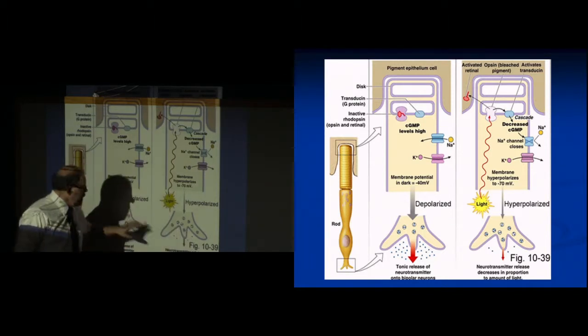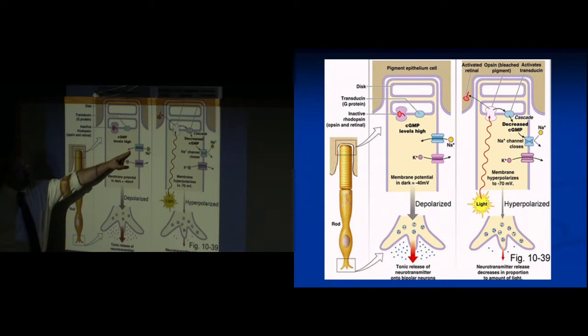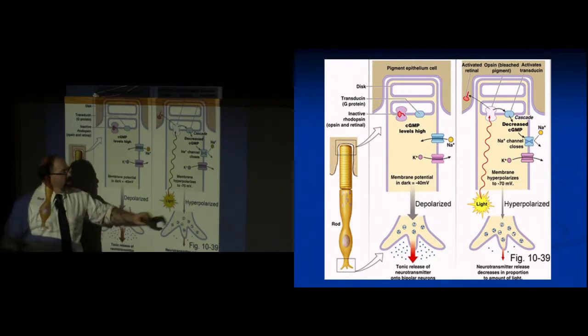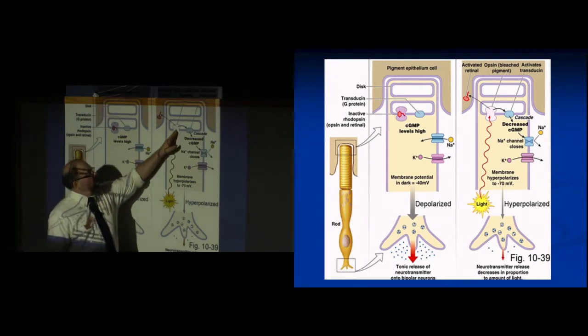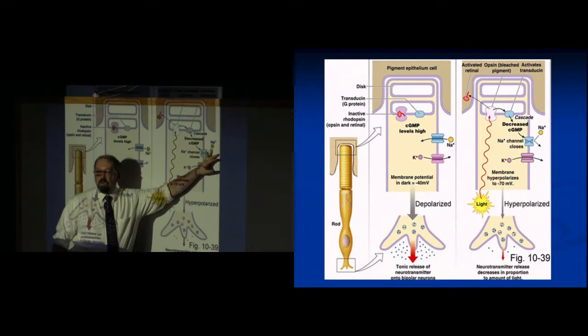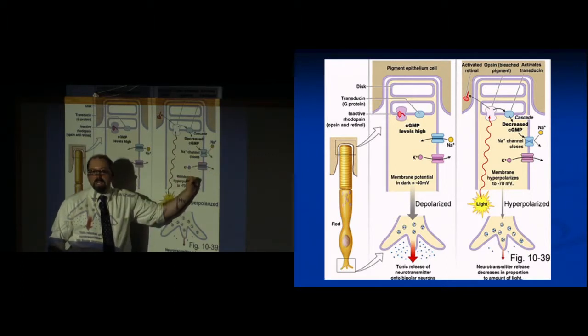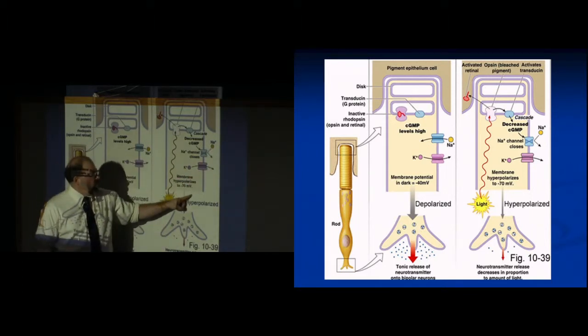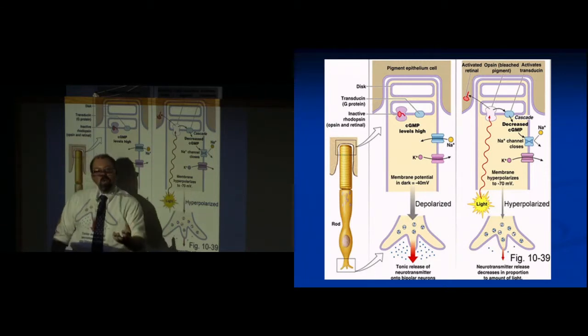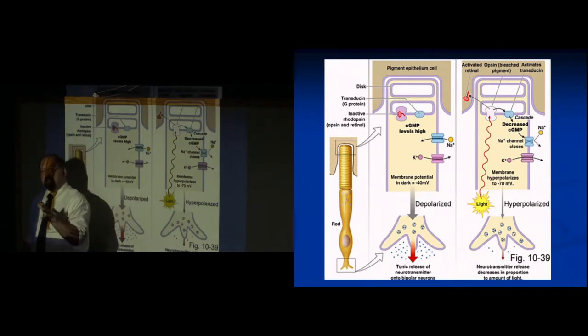Okay? So when I'm here in the dark, at rest, I got my sodium channels open, sodium comes in, depolarizes my membrane, lots of neurotransmitter gets released. When light hits, now we get this biochemical cascade. That sodium channel closes, and my membrane potential becomes hyperpolarized. Now, when I'm hyperpolarized, what happens to my release of neurotransmitter?